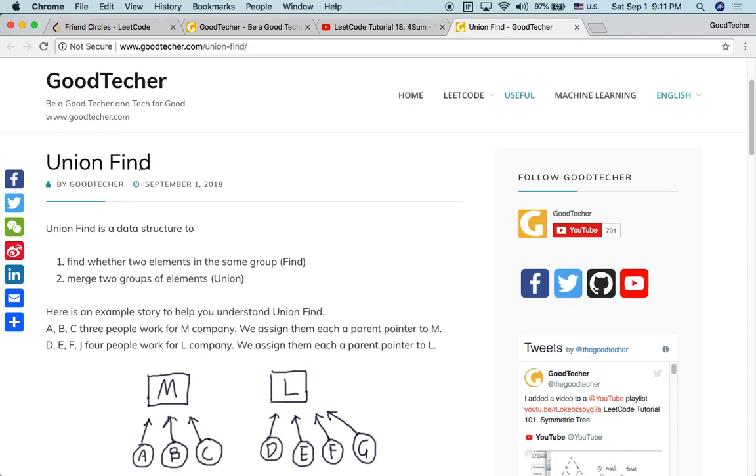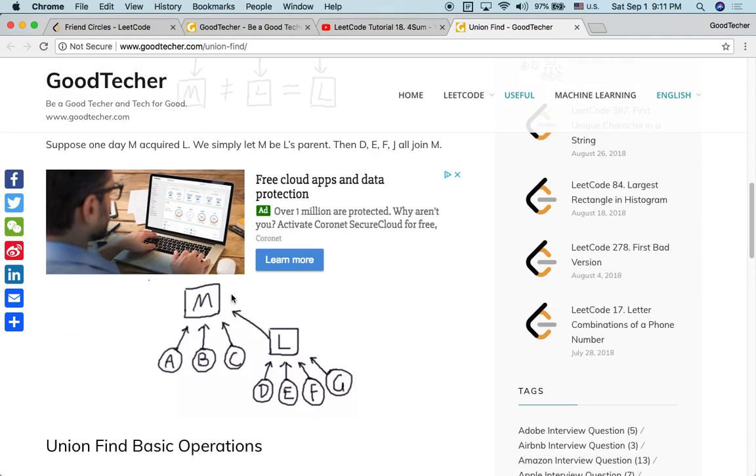Union find is a data structure to find whether two elements are in the same group. It can also merge two groups of elements, merging elements from two groups into one group. So union find basically supports two operations: one is find, one is union.